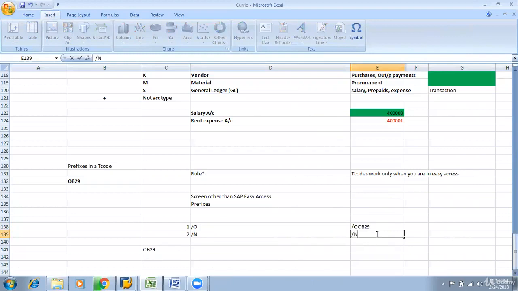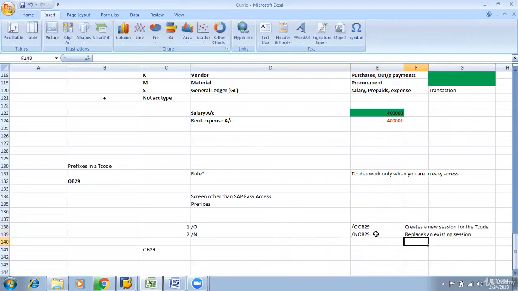It's /n OB29. Now, how do they work? Why two different prefixes? Let me tell you. /o creates a new session for the T code entered, and /n replaces an existing session.